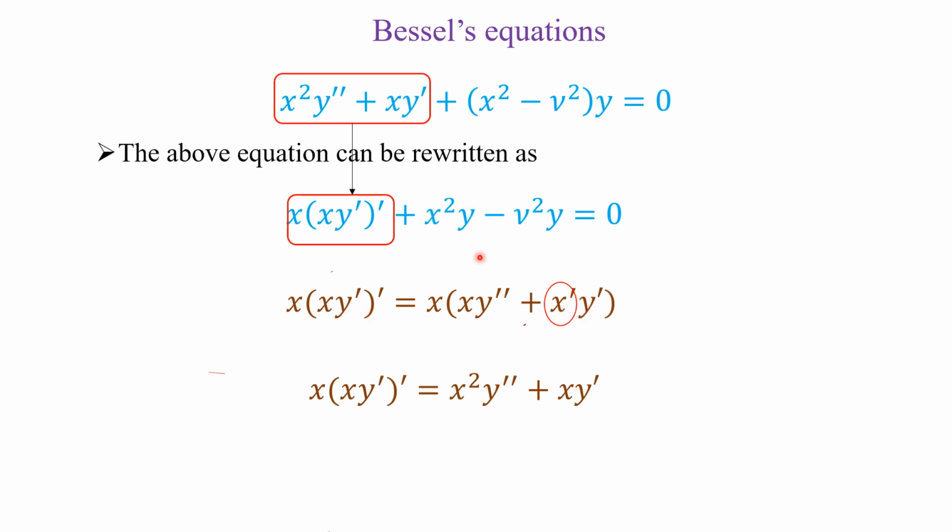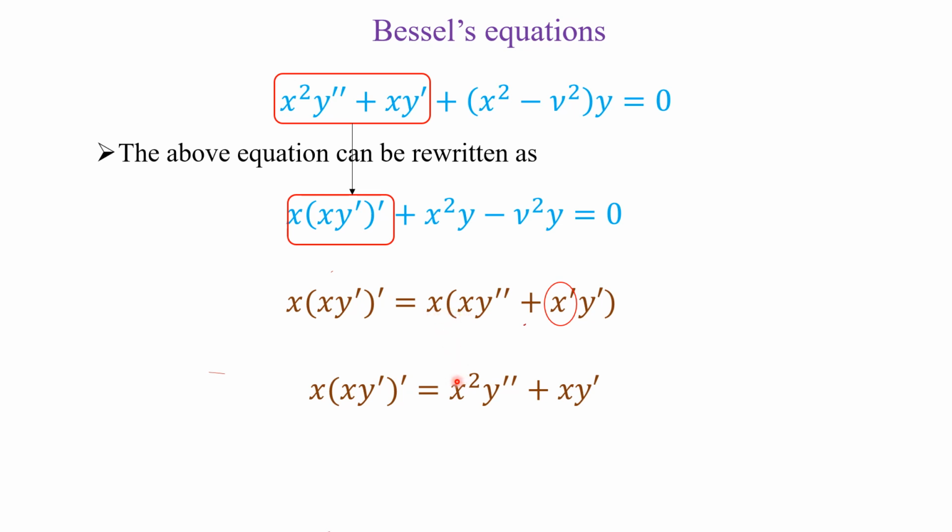Here one interesting thing is what is x prime. Definitely x prime is equal to 1 because you are taking the derivative with respect to x. So this must be 1. So I have marked it in the oval shape. You can replace this by 1 and multiply with the x.